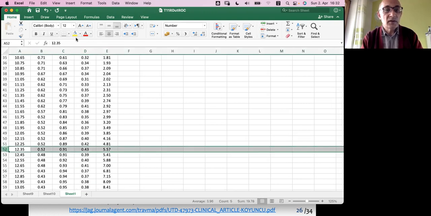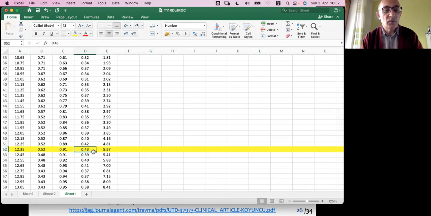Probably for this data set, I would say that this here is 0.43. It has the highest Youden index. However, the likelihood ratio is also high. It is 5. We mentioned that above 2, a test is usable, a fair to high, moderate likelihood ratio.